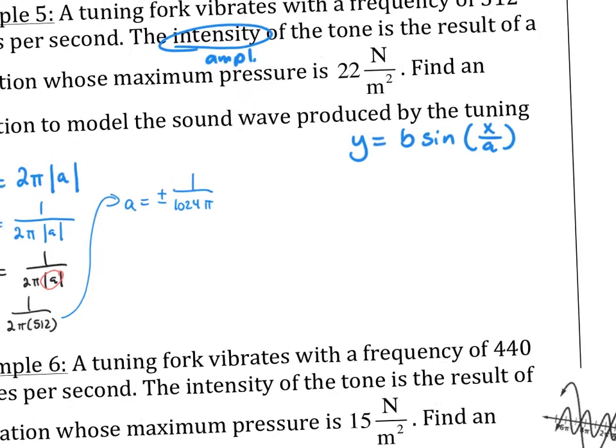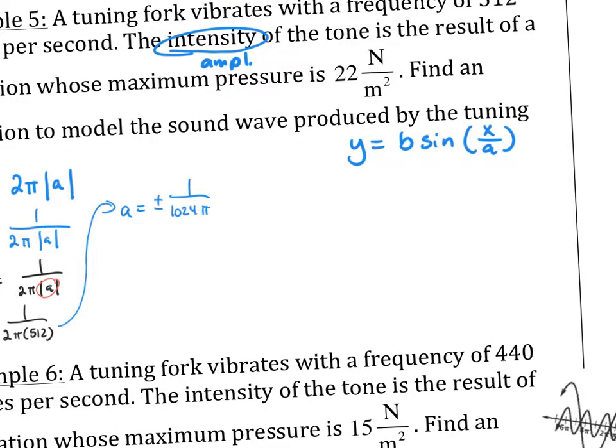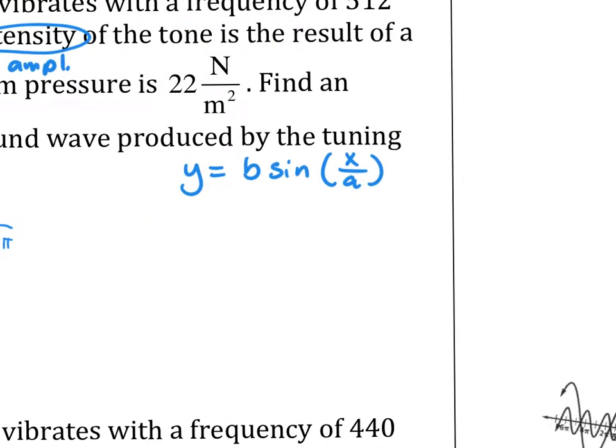And the other part is very straightforward. This is my amplitude right here. So that's my B. So I'm just going to substitute in y equals 22 times the sine of 1024 pi times x. If you need to see where that came from, I'll just show that real quick.